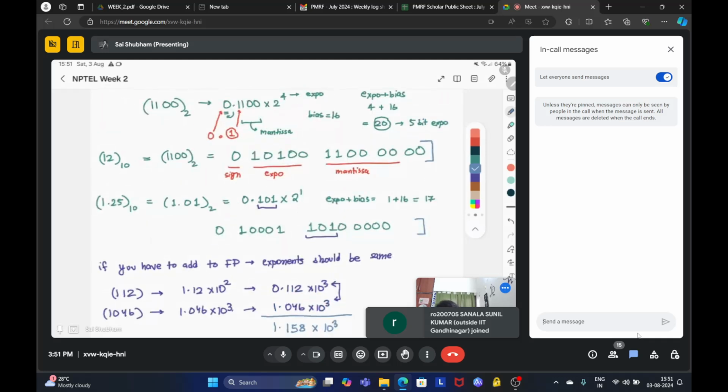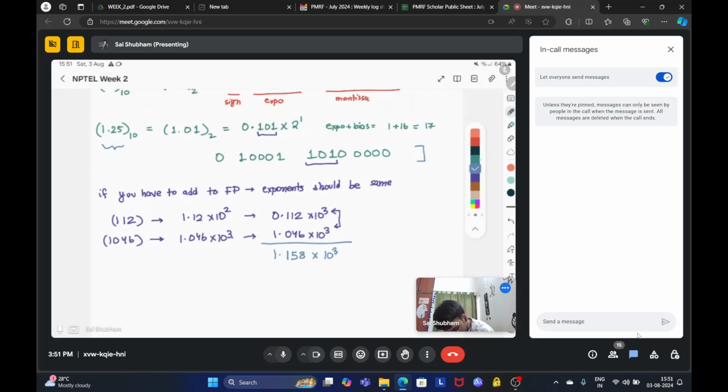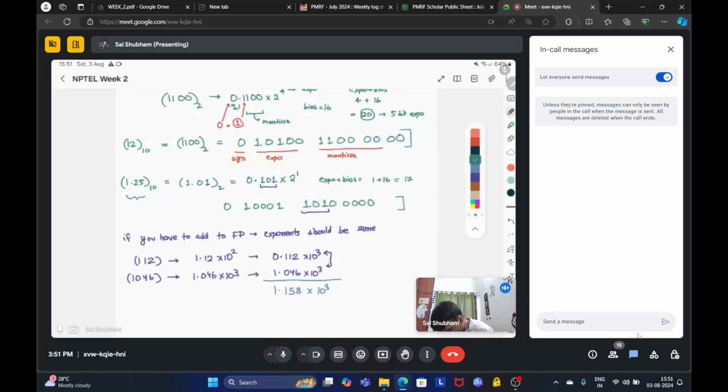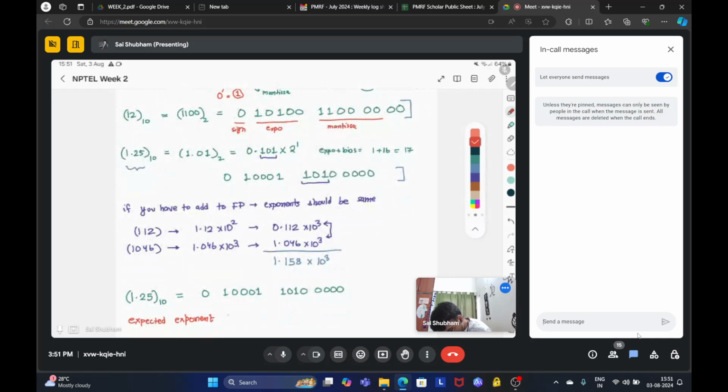Here in this case, you can see that 1.25 is the smaller one. So we can shift it to match the exponent. For example, expected exponent 10100.